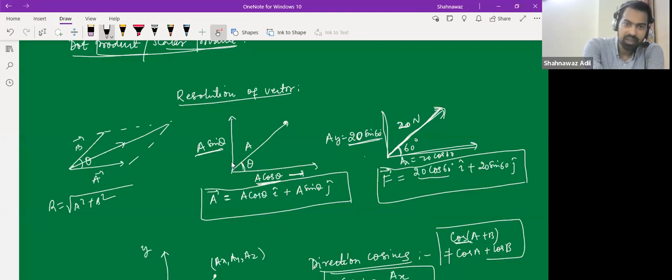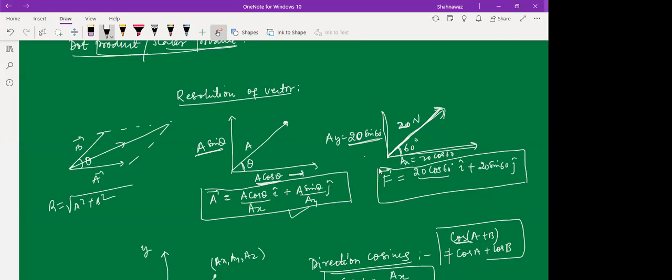One would be the horizontal part and the other would be the vertical part. So the horizontal part is a cos theta and the vertical part is a sin theta. So we can write this vector in the Cartesian form as well. So you already know this, right?